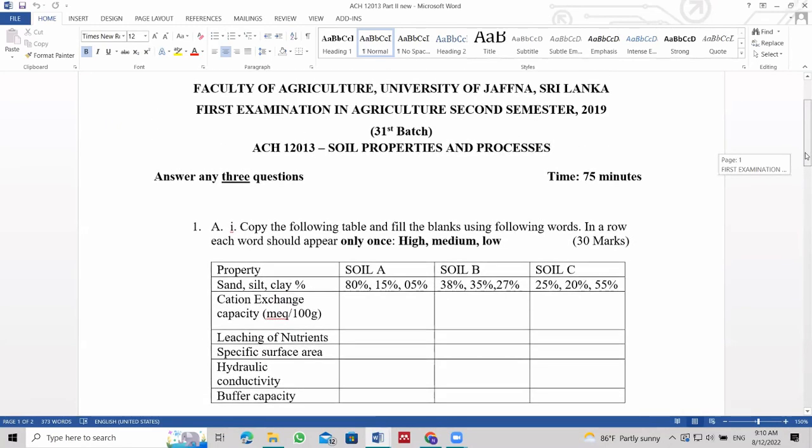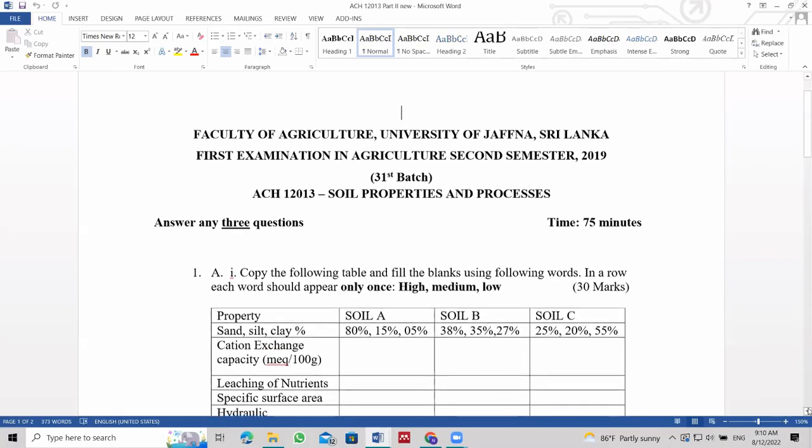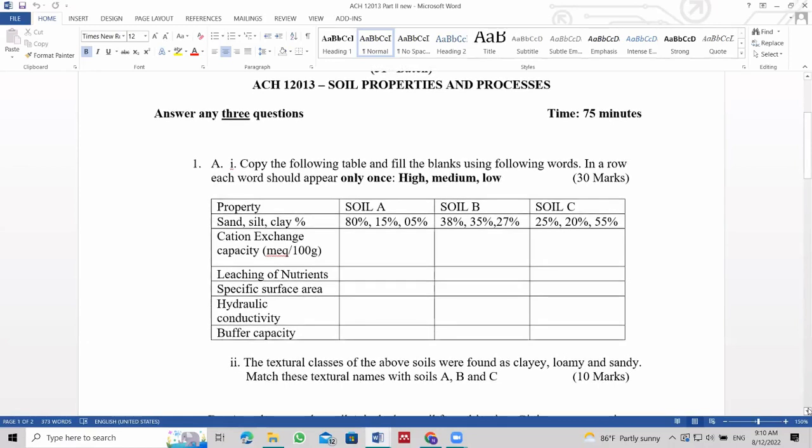Yes, ma'am. Okay. So the first question was: copy the following table and fill the blanks using the following words. In a row, each word should appear only once.